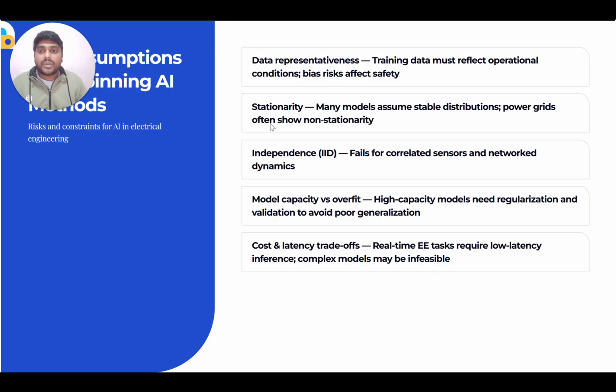Several algorithms assume independence of data points, but sensor networks are often highly correlated. Model complexity must be balanced with generalization. Overfitting is a major challenge in engineering datasets. And finally, cost and latency matter, especially for real time control and protection, where decisions must be quick and reliable.